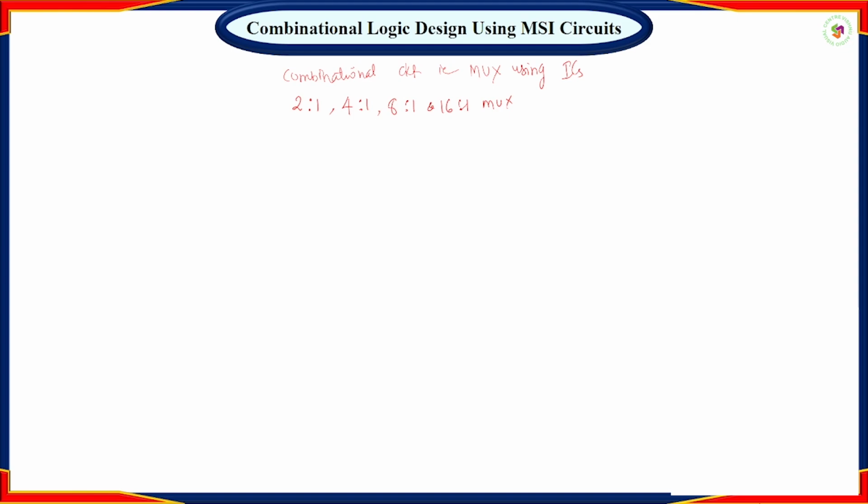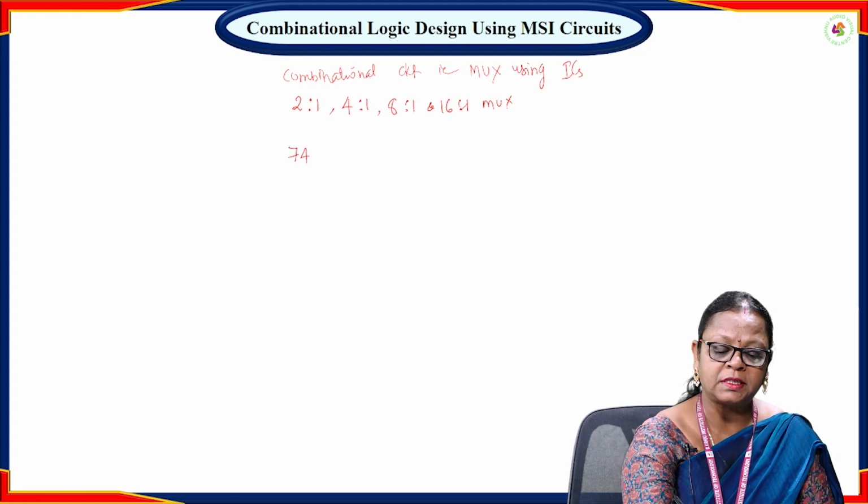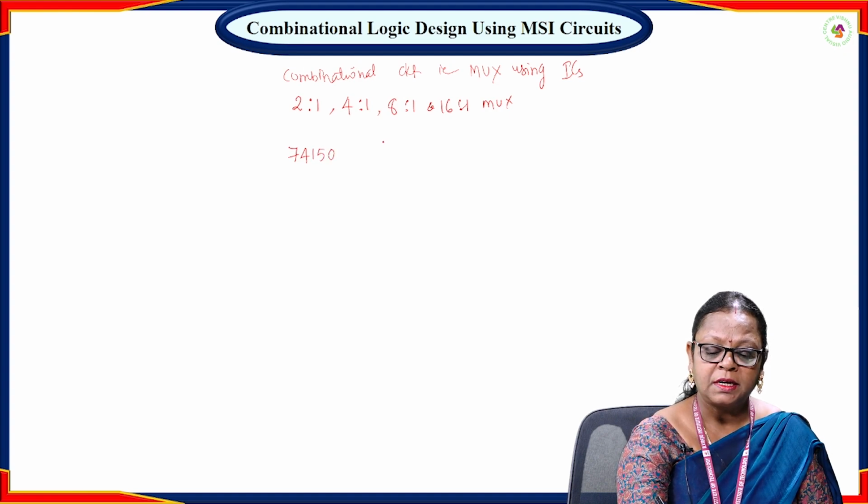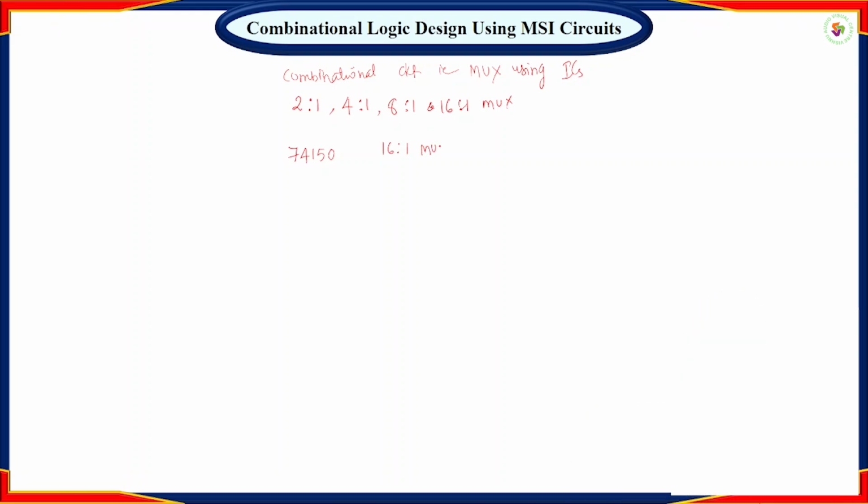Let us see. The different ICs which are available are the IC 74 series. 74150 is a 16 into 1 or 16:1 multiplexer IC.